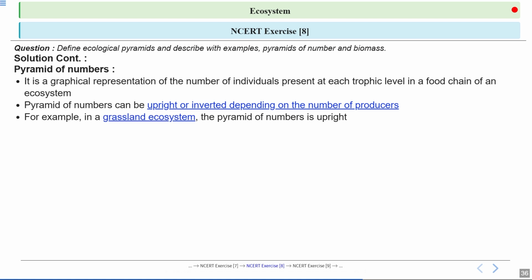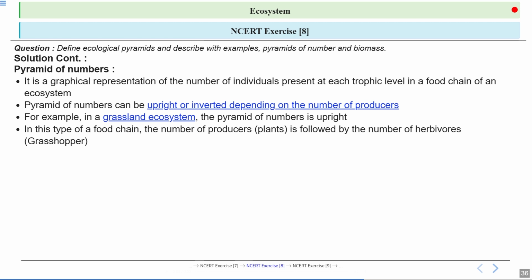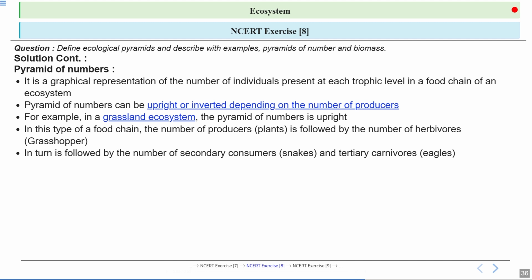Now, for example, in a grassland ecosystem, the pyramid of number is always upright. In this type of food chain, the number of producers, which are the plants or grasses, is followed by the number of herbivores, which are the grasshoppers. So here the number of producers is more as compared to the herbivores. And then further, the number of secondary consumers will be less as compared to the herbivores.